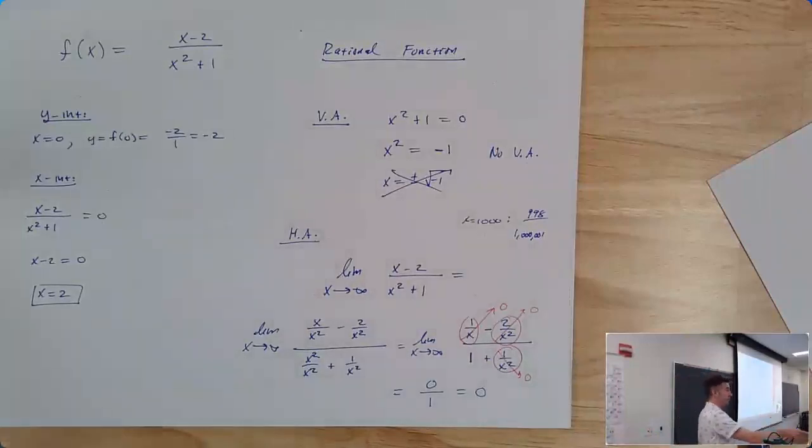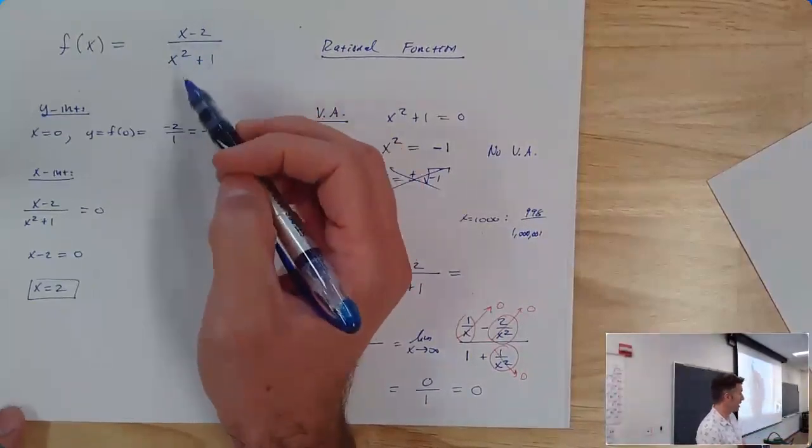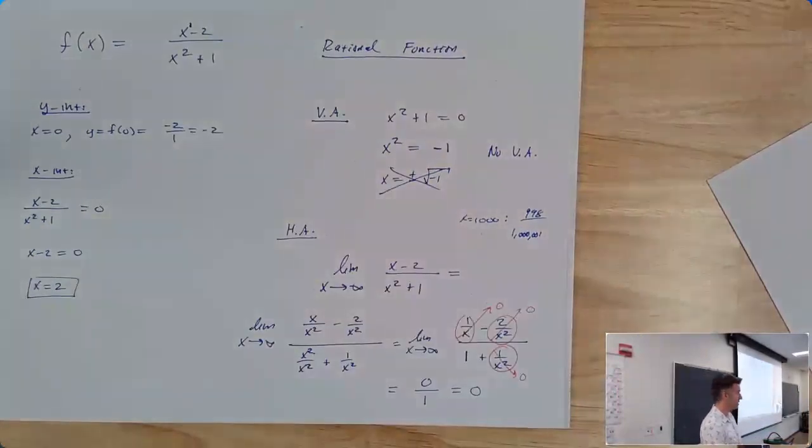We're doing it to find the horizontal asymptote. There's lots of ways to see this. For example, you could have said, I know that the horizontal asymptote here is y equals 0 because the degree on top is less than the degree on the bottom. There's another way people know how to find horizontal asymptotes of rational functions.